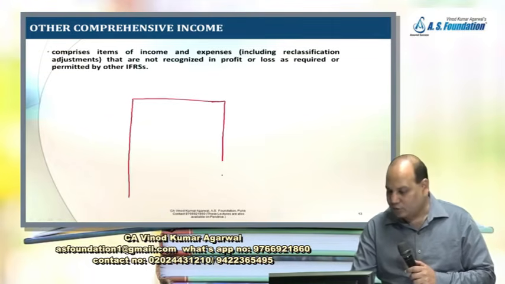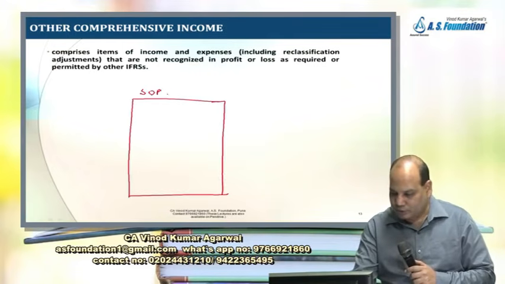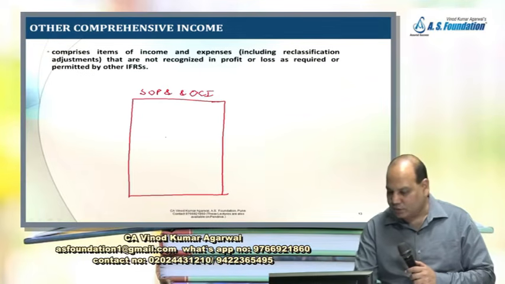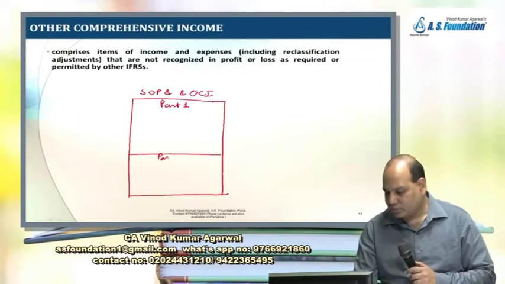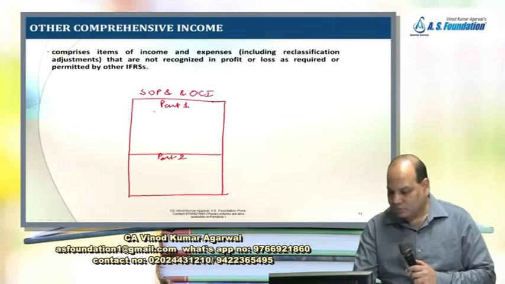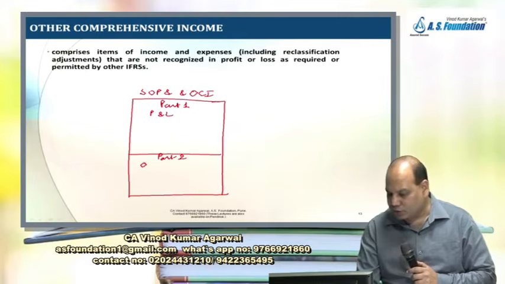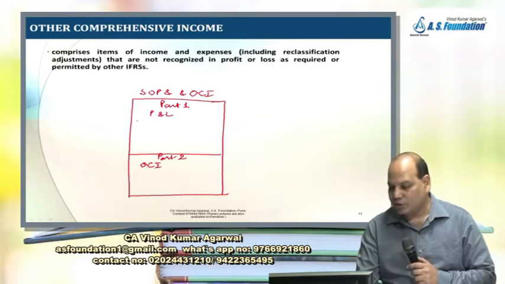that in Ind AS or in IFRS, the statement of profit and loss account and other comprehensive income has two parts. Part 1, Part 2. Part 1 is called profit or loss, profit and loss, and Part 2 is called OCI.